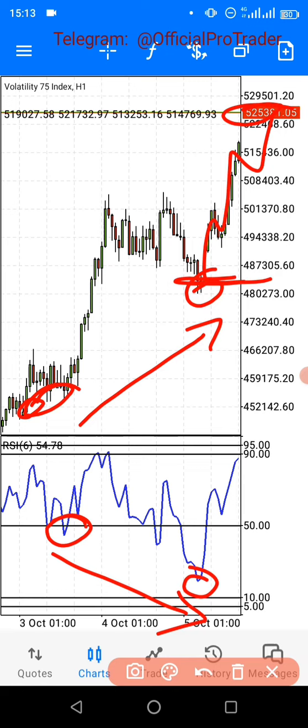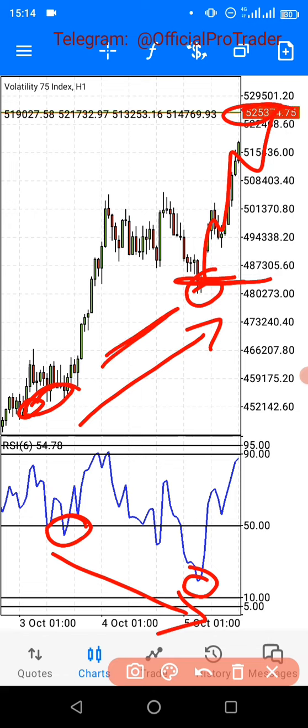All right, so I told you that hidden divergences are for continuation. You see, price was in a bullish trend. So the divergence we saw here actually just helped us confirm that price was going to continue in its bullish trend. And that's exactly what happened here.